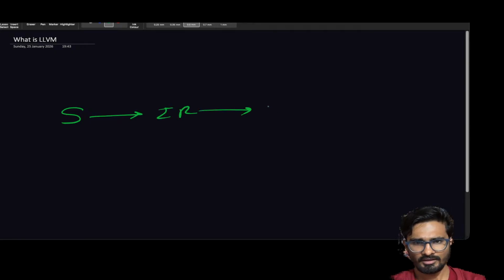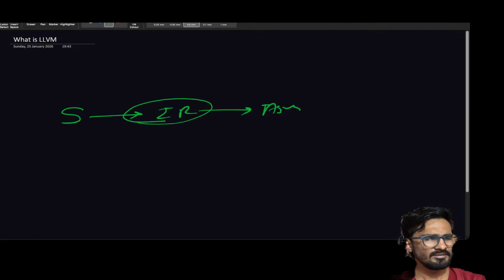So after LLVM, the flow of the compiler changed. We have a source code. That source code gets converted into IR, and from the IR we are able to generate the assembly. The flow is not as simple as this; I'm just giving an abstract-level idea.